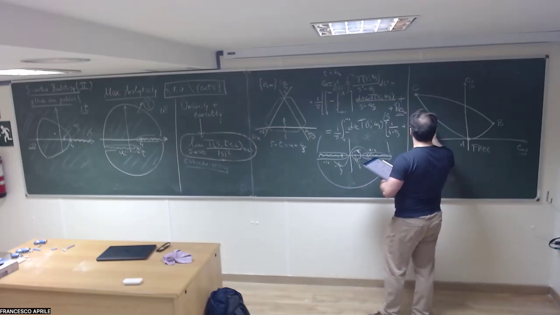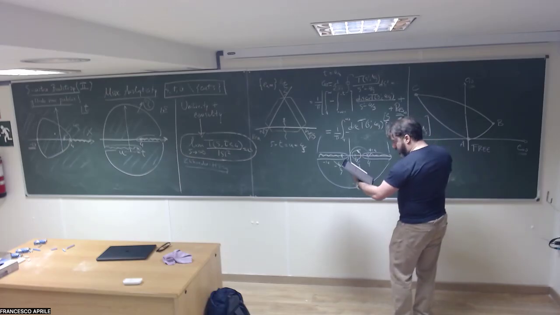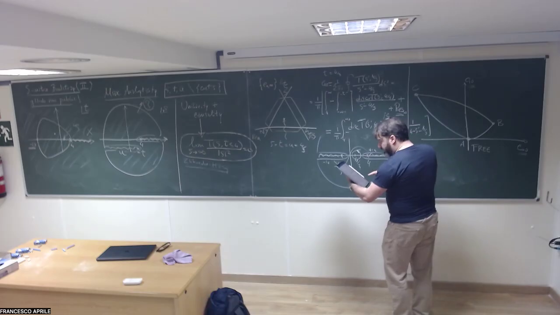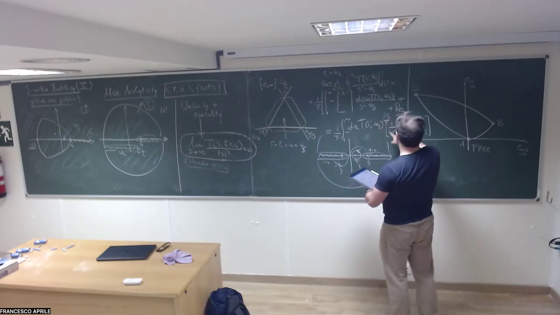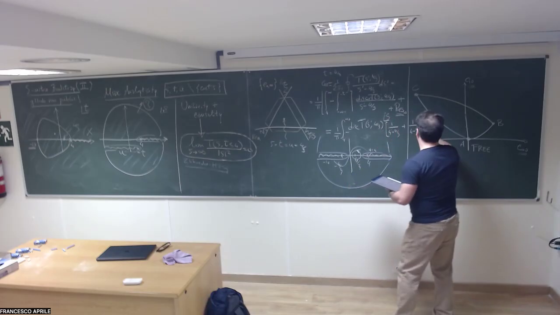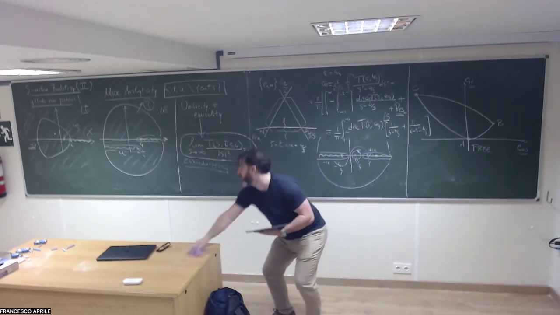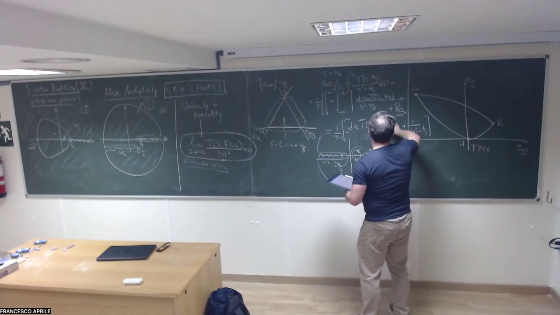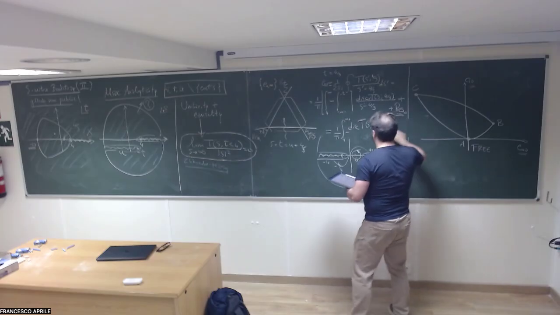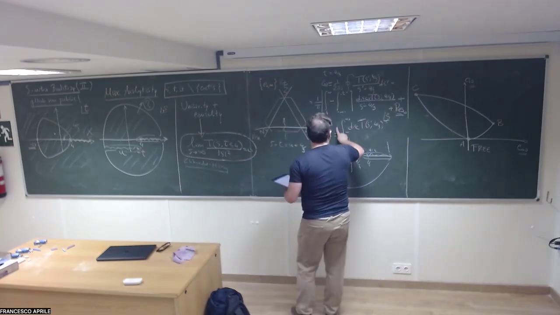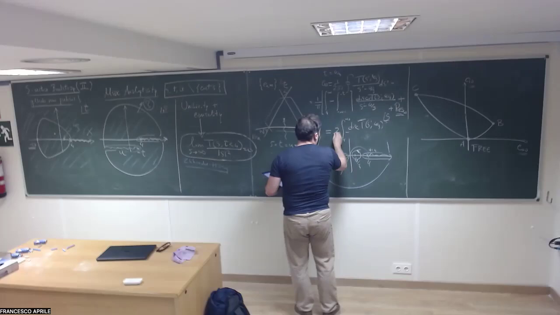Sorry, no, it's the same. I wrote it less than correct. So it's like a 2, because this is the crossing symmetric point.